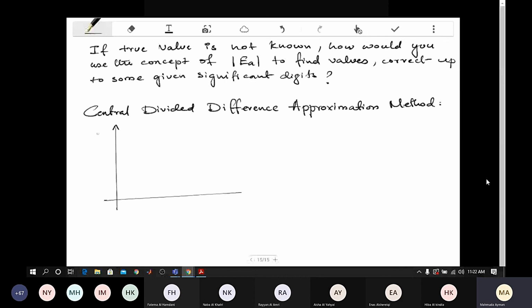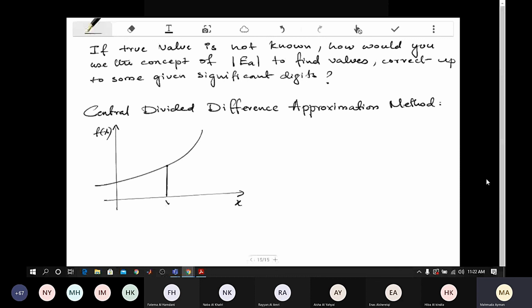So here we have f of x, and here we have x, and the function looks like this one here, and we have to find the derivative of the function at this point here, which is x.